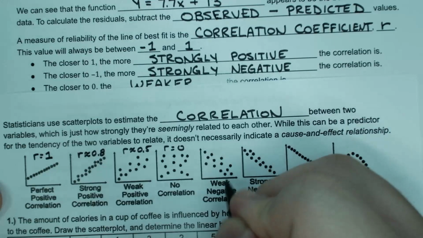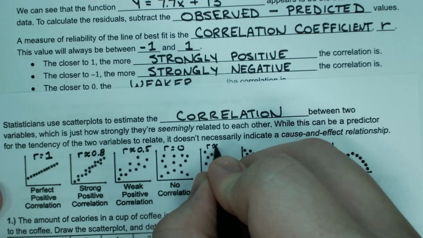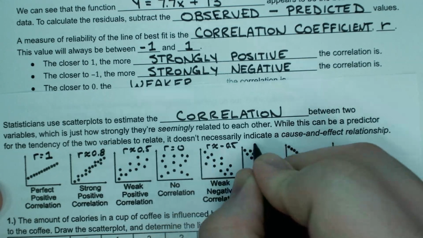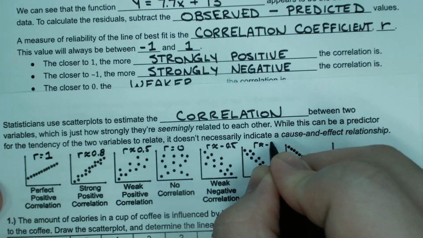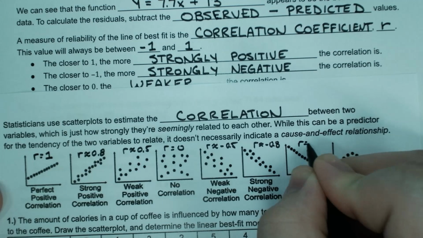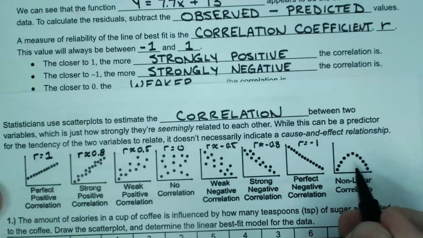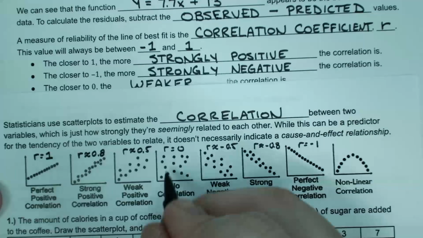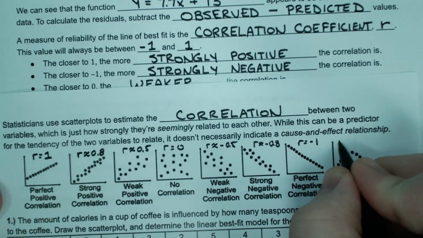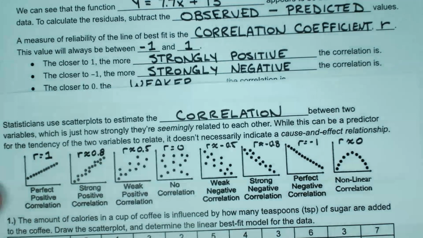And then so on. The weak negative would be like negative 0.5, negative 0.8, and then R equals negative 1. The nonlinear correlation, you're going to see similar to the no correlation, R is around 0. Okay?